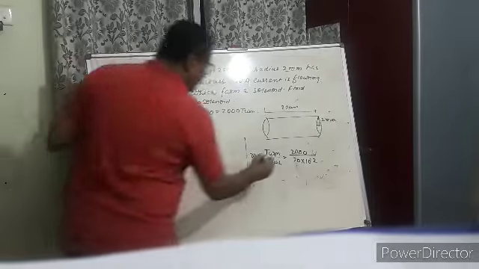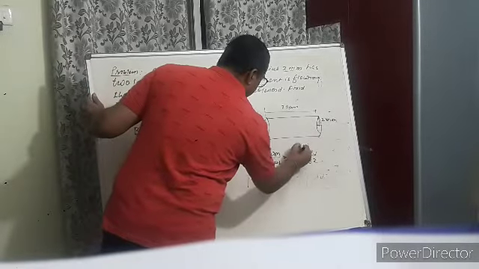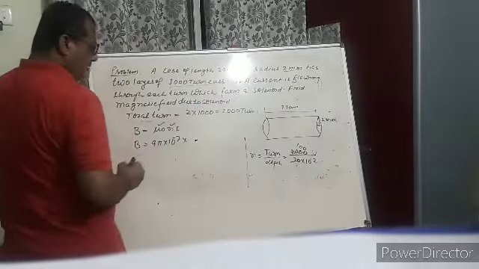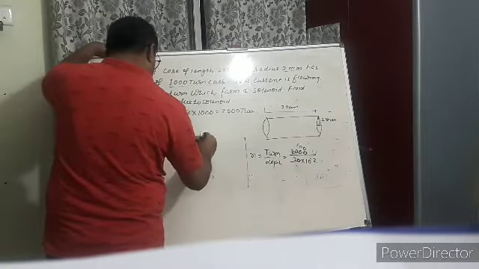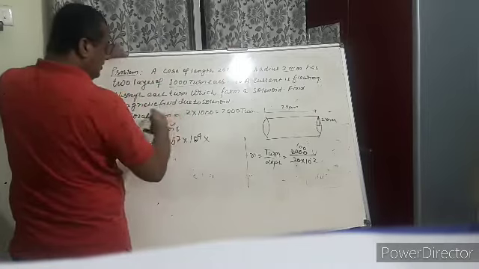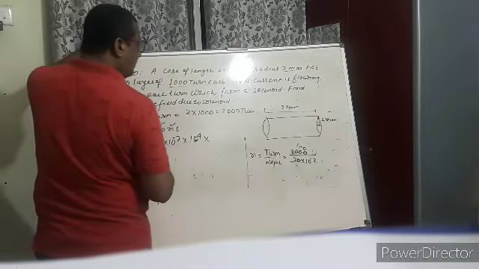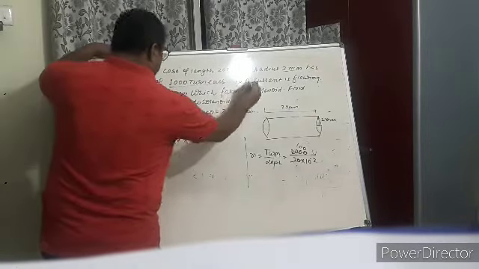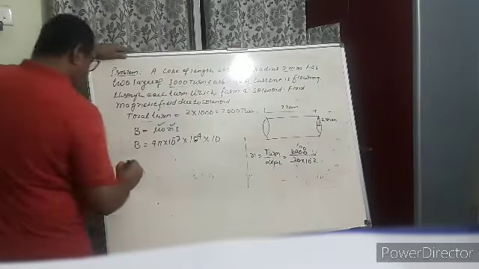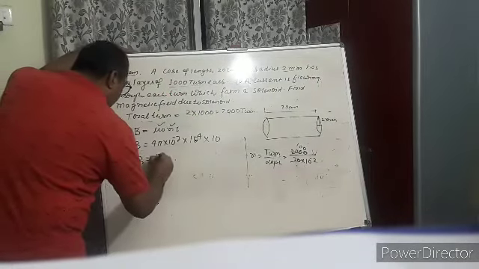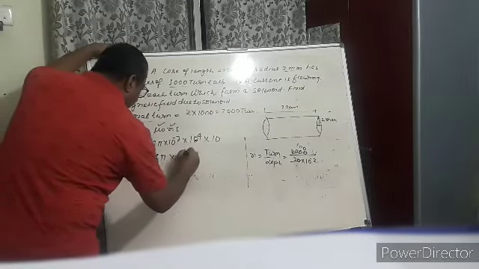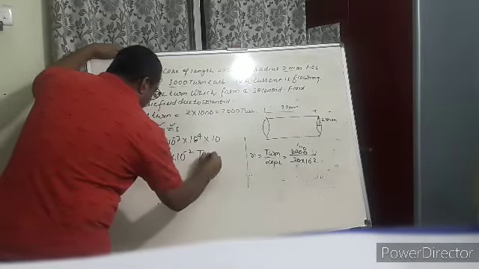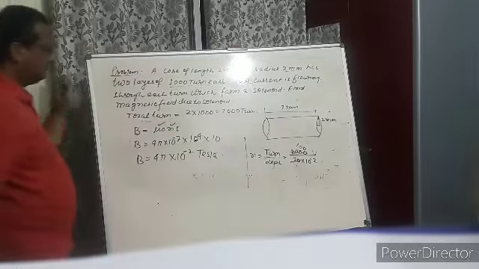So this will be equal to 10 to the power 4, into I. Current flowing is 10 ampere. Then B will be equal to 4 pi into 10 to the power minus 2 Tesla at the core.